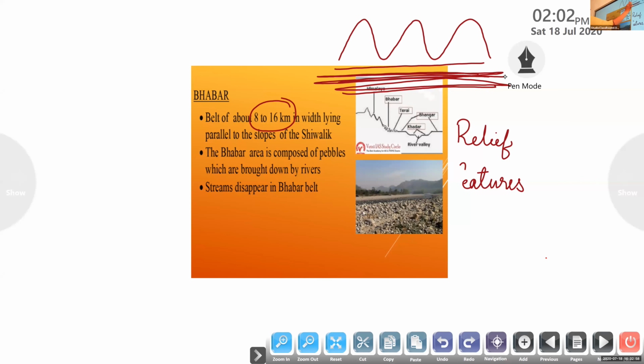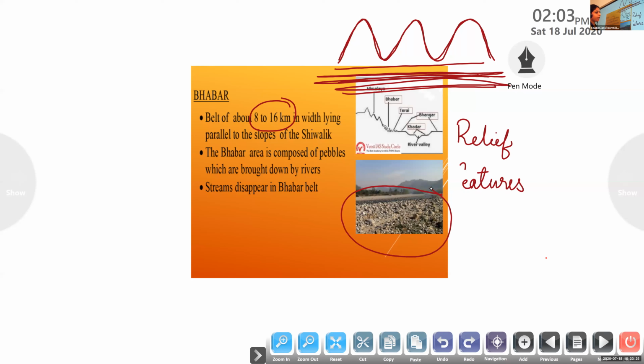Shivalik mountain means the southernmost range of the Himalaya. Parallel to Shivalik, a narrow belt is there. This belt is called Babar. This part is called Babar.